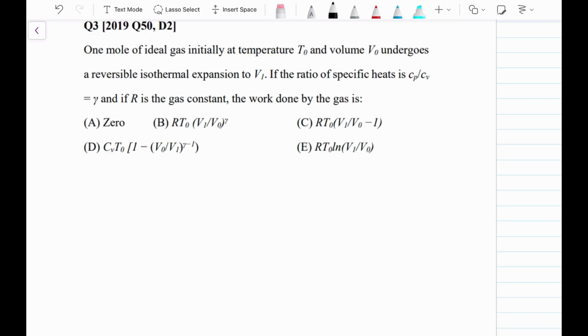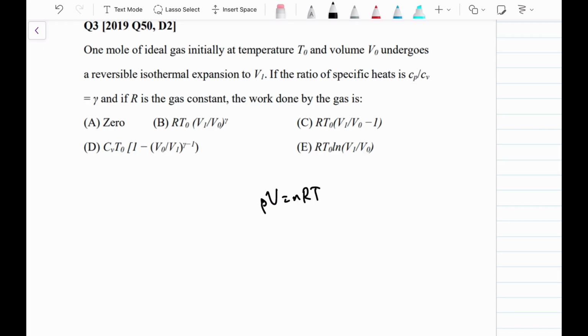It's an isothermal expansion. This means that PV is equal to nRT, the ideal gas law. So isothermal expansion means that the temperature does not change.